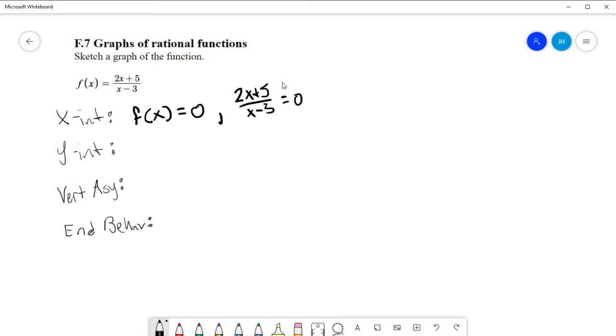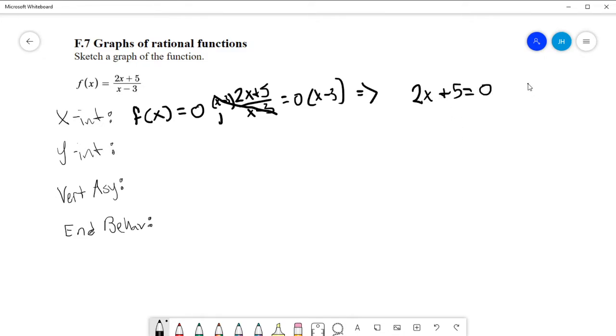Now, if you're trying to solve when this fraction equals 0, what's great is that we can actually multiply both sides by the x minus 3, in order to get rid of it in the denominator. And so that goes away, and 0 times anything is still 0. So as a result, we get that 2x plus 5 equals 0.